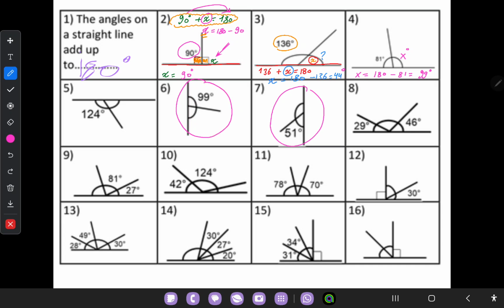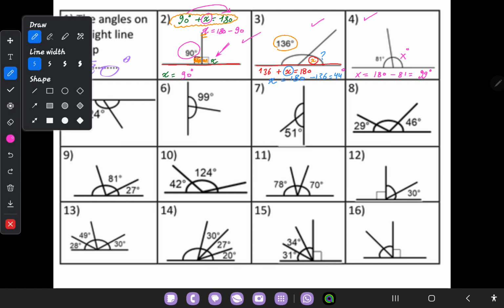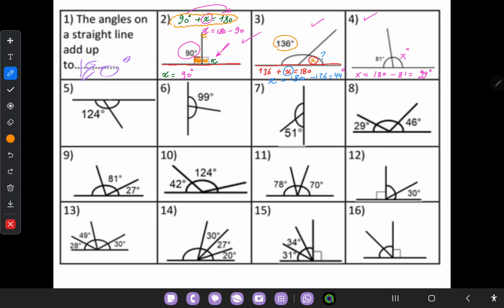All of them are two adjacent angles drawn on the same straight line, but the drawing is different from the ordinary way, which we already took in examples 2, 3, and 4. We deal with the same two adjacent angles drawn on the same straight line.